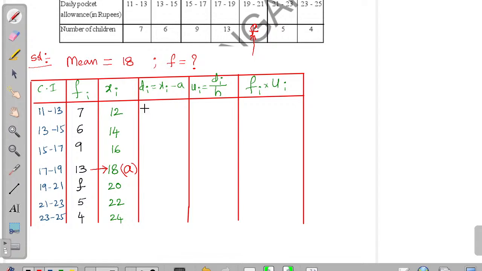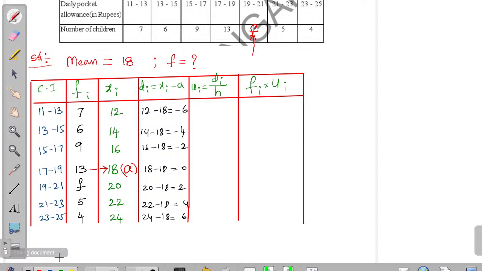Di means xi minus a: 12 minus 18 is minus 6, 14 minus 18 is minus 4, 16 minus 18 is minus 2, 18 minus 18 is 0, 20 minus 18 is 2, 22 minus 18 is 4, 24 minus 18 is 6.